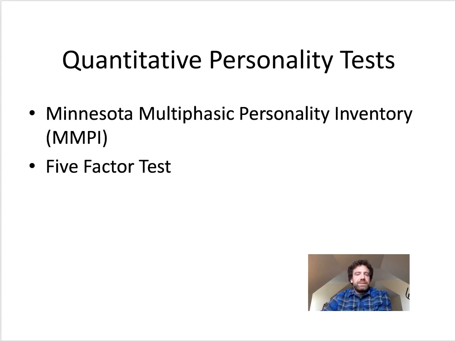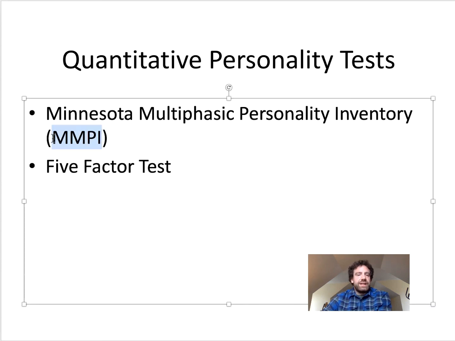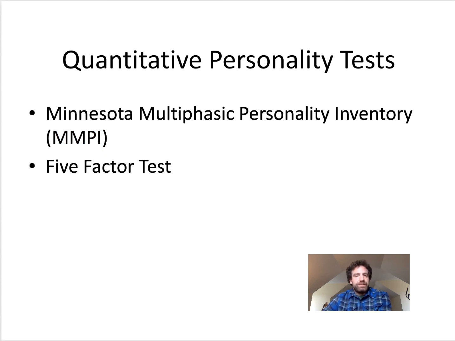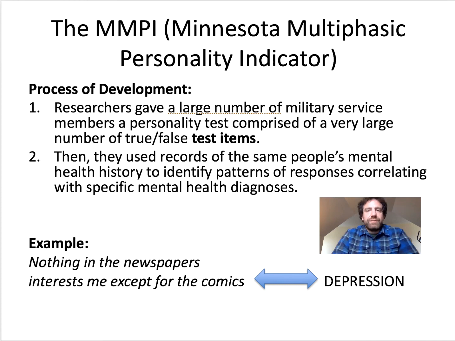First is the Minnesota Multiphasic Personality Inventory, which you almost always see named as the MMPI. This is a test developed some decades ago by researchers at the University of Minnesota, I believe. And to understand how the test works, you have to understand what they did to develop it.